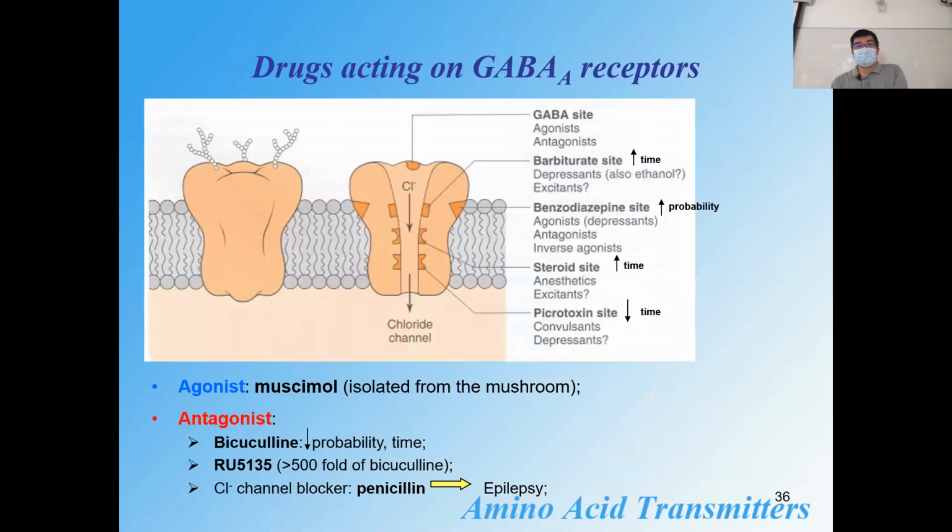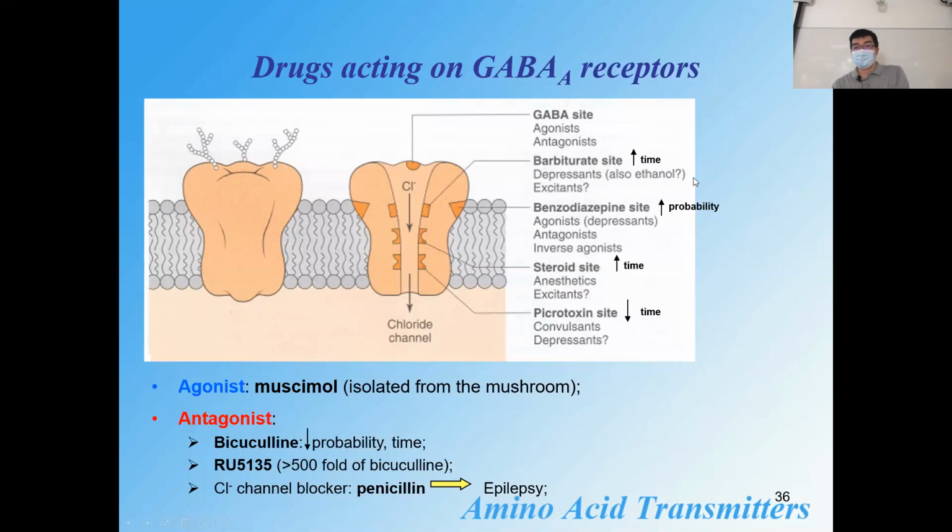So drugs acting on GABA A receptors. You can see that there are agonists and antagonists. Barbiturate is one that is used in the US for execution in the death penalty. And ethanol and depressants are also believed to act on the channel.